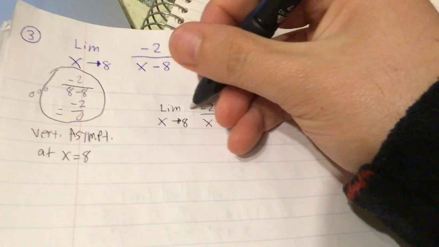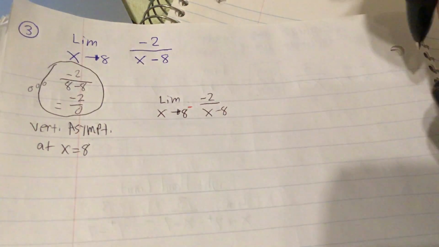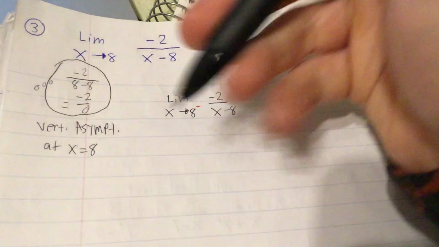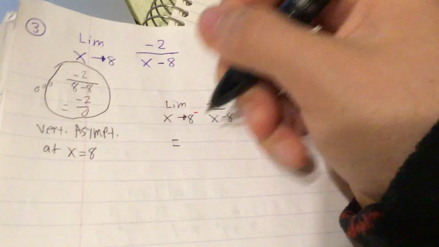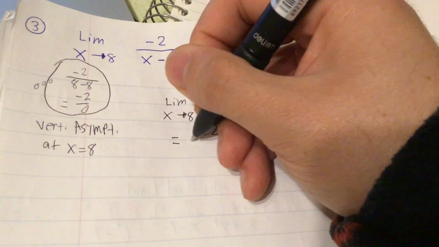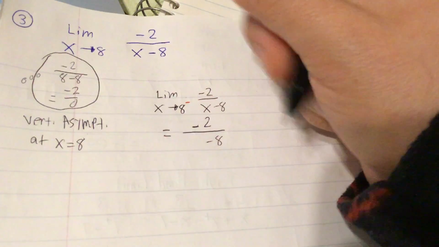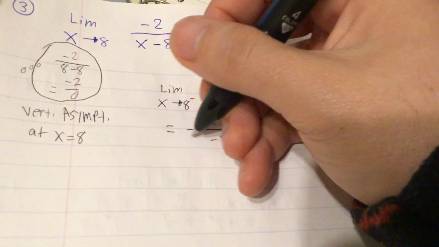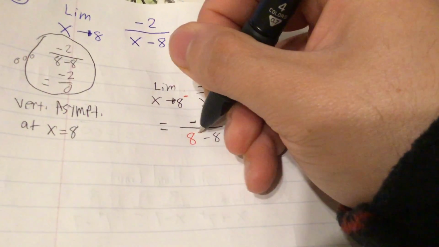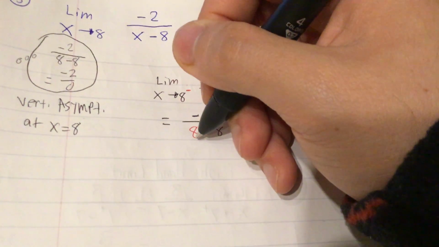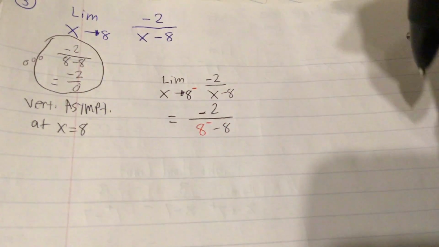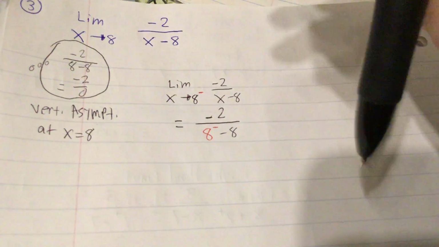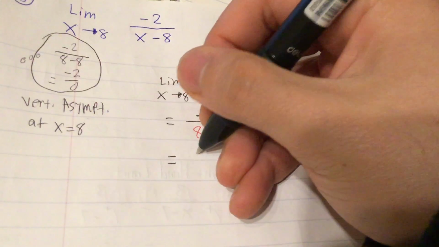You get the idea. I'm not going to do the side notes anymore, but I'm going to speak about them. So I'm going to plug in negative 2 over x minus 8, where we're approaching 8 from the left side. So think 7.999 minus 8. Okay, so the top part is still negative 2.